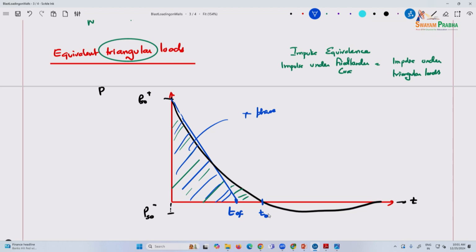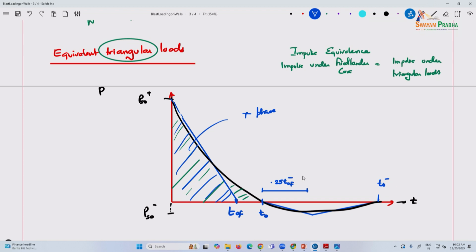Then you also have TO minus, and this is broken down into, so now you have the negative impulse also. The negative impulse is broken down into two triangles. One is considered to be 0.25 TOF minus, and the rest of it is out there.